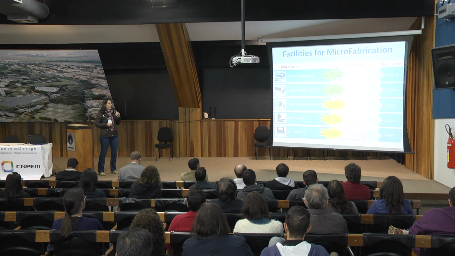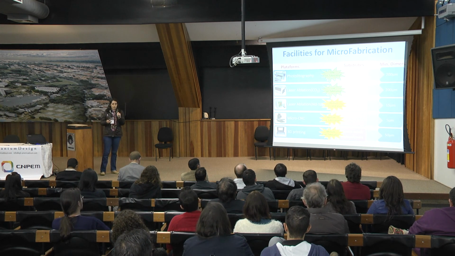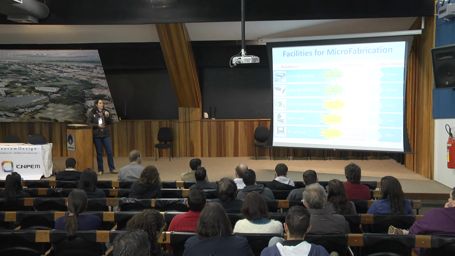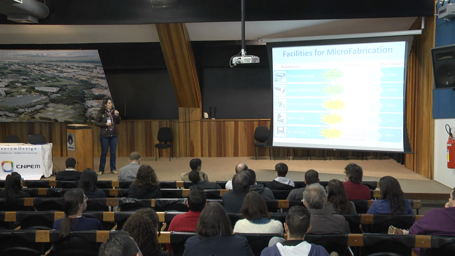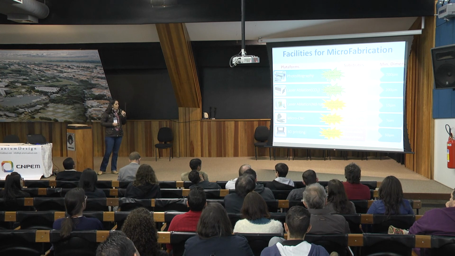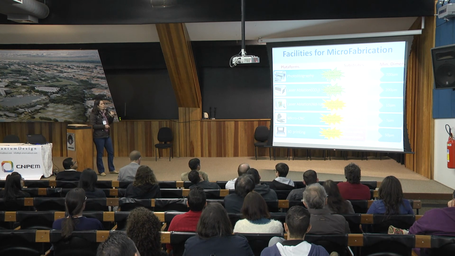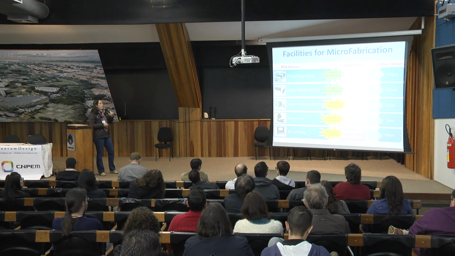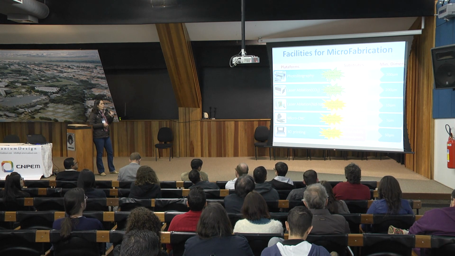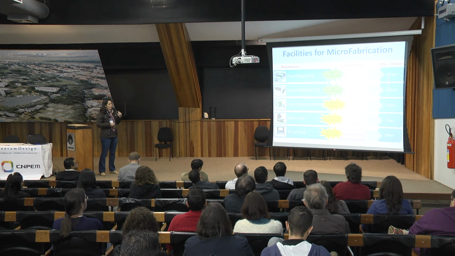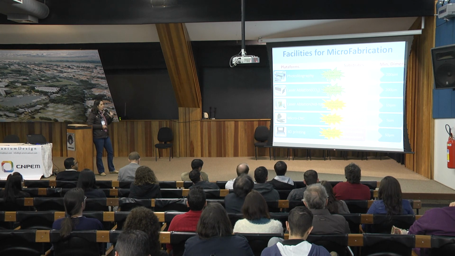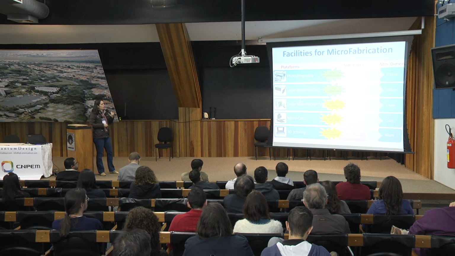So we had the opportunity to have Professor Luiz Otávio Saraiva Ferreira from UNICAMP advise us in which platform we could start. So we started with photolithography, a low-cost photolithography that makes us able to work with polymer, and here you can have an idea about the minimum dimensions for each platform. Then we have two laser ablation systems.